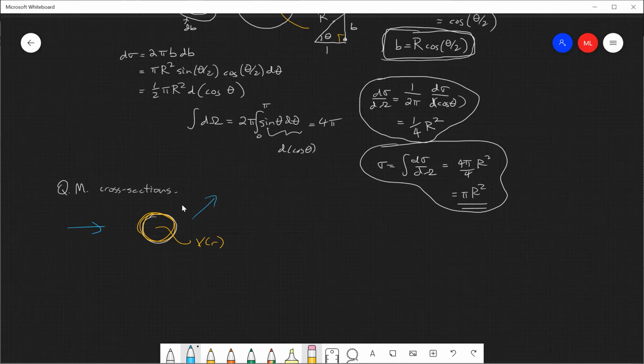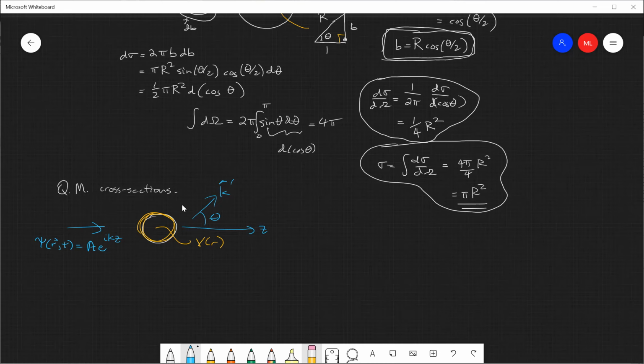And out here, we're going to get incoming plane waves. It's usually convenient to have them be along the z direction, so there's some normalization and an e to the ikz, and z is always along the incoming direction. So the angle theta describes the direction of k prime away from the incoming direction. That gives us a nice setup for the spherical coordinates we're going to use.